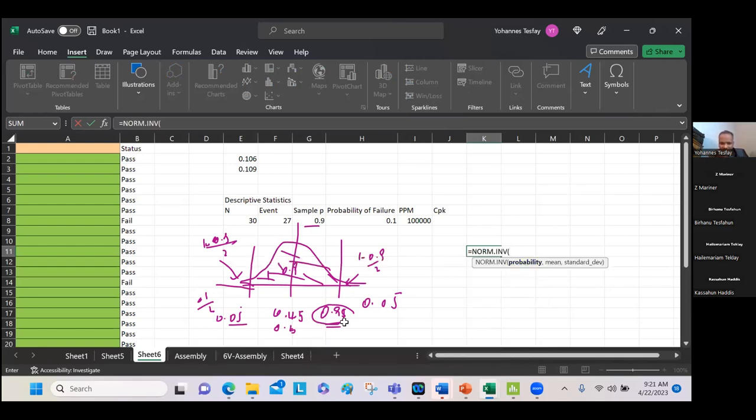So the probability is how much? 0.95, and the mean is 0 because we are considering standard normal distribution, and the standard deviation is 1, just like that, and we're going to put that. So this is the z value, this is the z score.